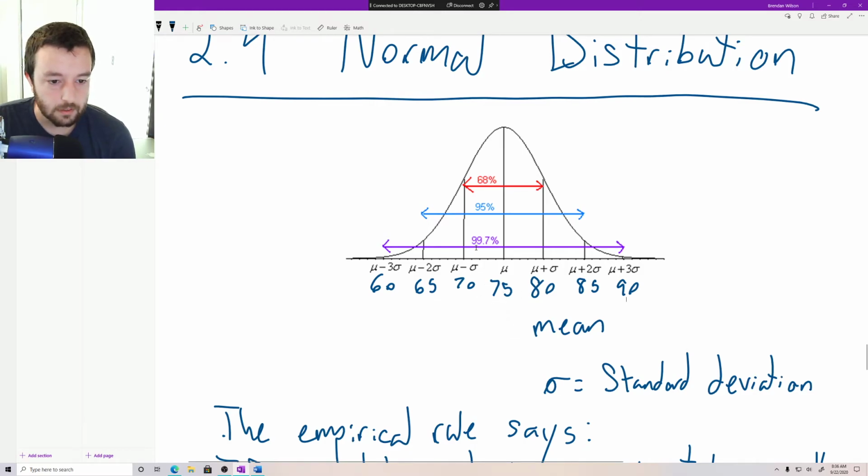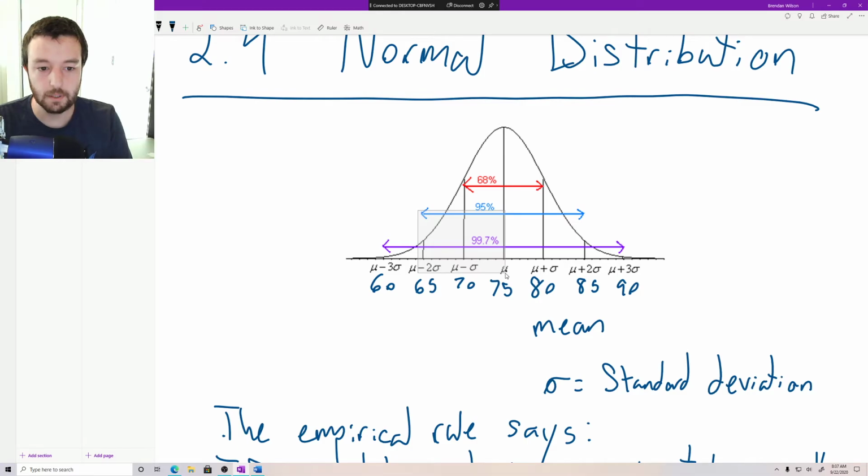Well, so you can see like between 70 and 80 is 68, like we said. Between 65 and 85 is 95, like we said. What about between 65 and 75? Well, between 65 and 85 is 95. And notice that this is symmetric on both sides of the mean. One property of the normal distribution is that exactly half of the data is below the mean and half of the data is above the mean.